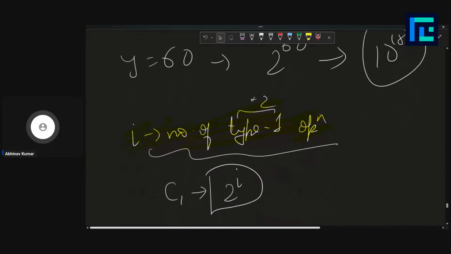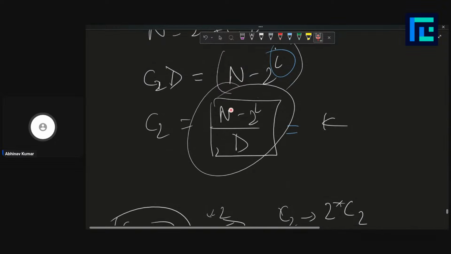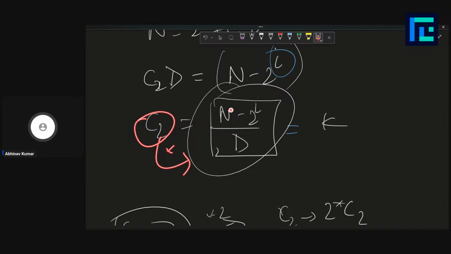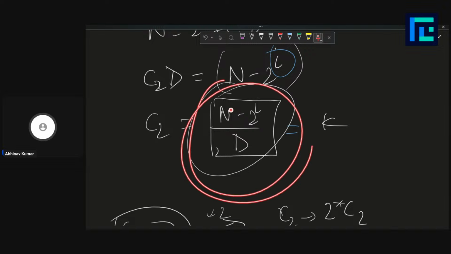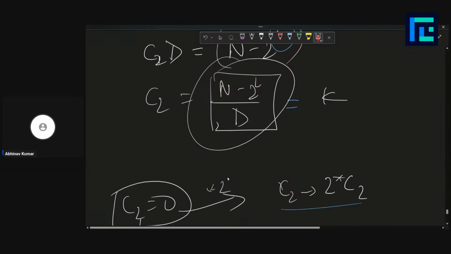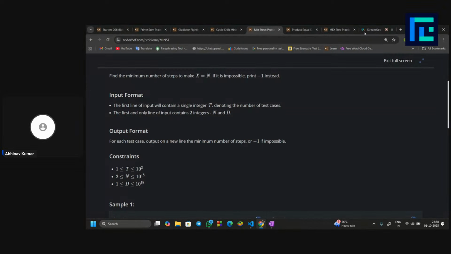So I want to reach actually C2, which is equal to n minus 2 to the power I, divided by D. If I want to reach this particular value of C2, if I do the first operation, this C2 would get multiplied by 2. If I do the second operation, this C2 would increase by 1. Okay. So I'm looking at the coefficient of D, which I want to make as K, which is this constant thing. Okay. So I hope now it is clear.